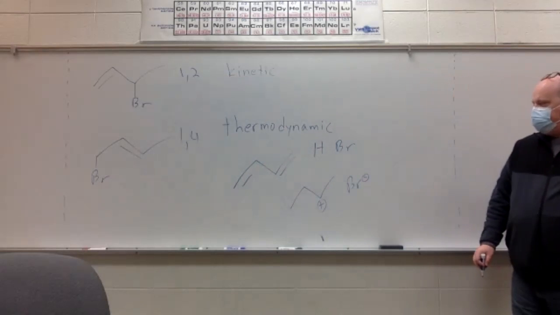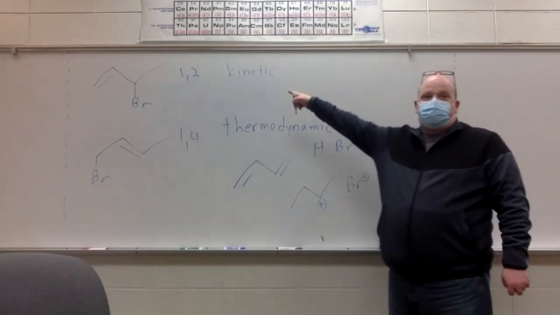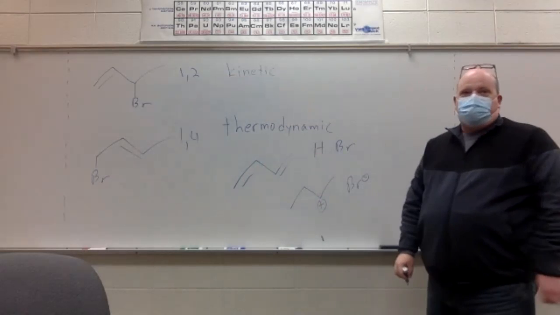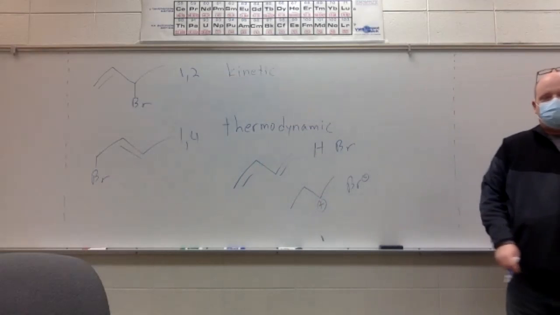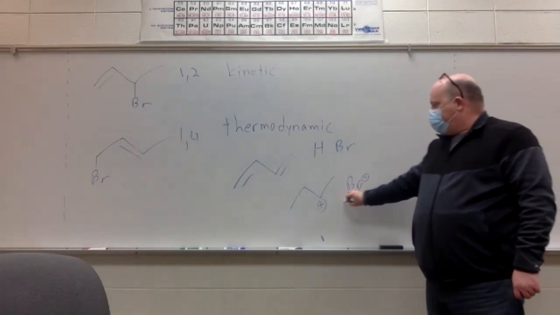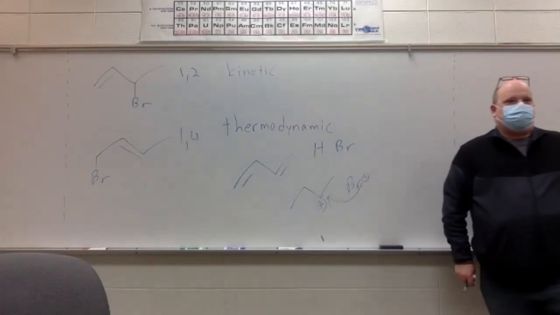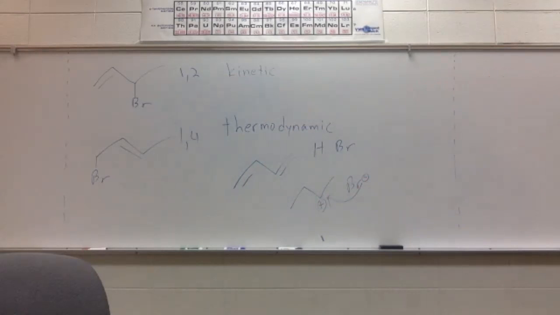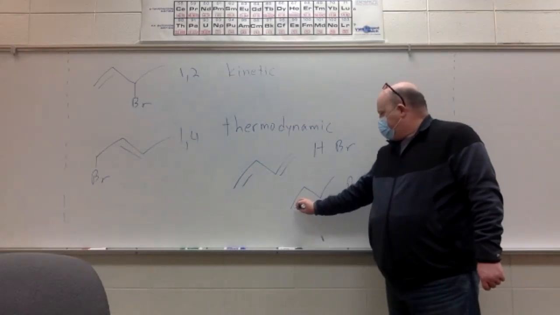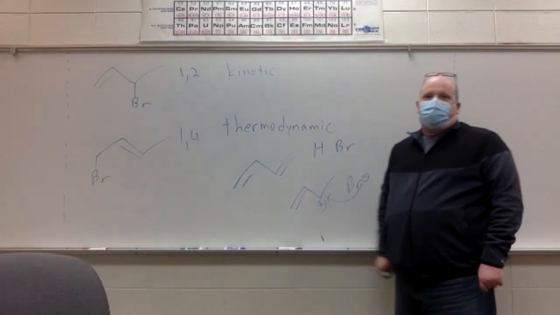You know why the energy hump to make this is so small? It's because of something called the proximity effect. In other words, the Br is over here right next to it already, so it's easy for it just to slip in there and attach. Whereas if the Br had to go all the way over here, it would take more work.